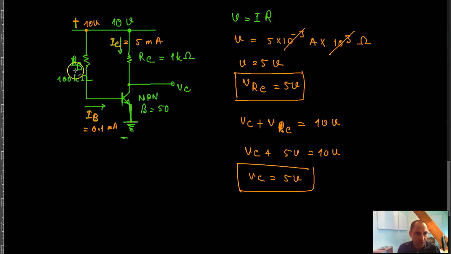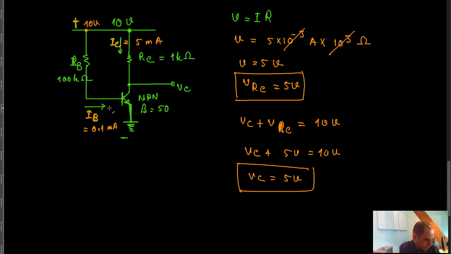So R of B is equal to 100 kilo ohm, R of C is equal to 1 kilo ohm, and beta is equal to 50. We got V of C is equal to 5 volts, meaning that half of the supply voltage is dropped across this resistor here, and the rest is dropped across the collector emitter junction of the transistor.